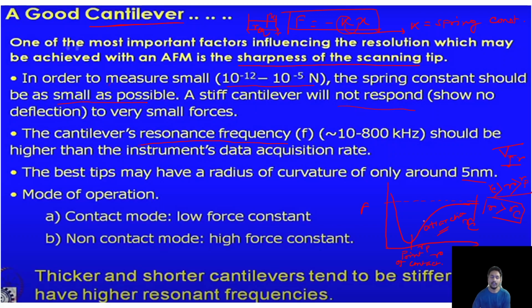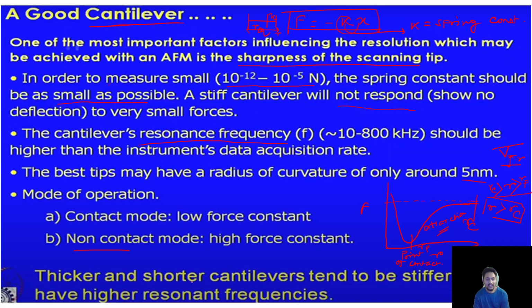At that time, if AFM measures, that is called non-contact mode. And after this point, if it is at RP or below the RP point, that time it is called contact mode. Both the modes have some advantages and disadvantages. I'll try to tell that as well.